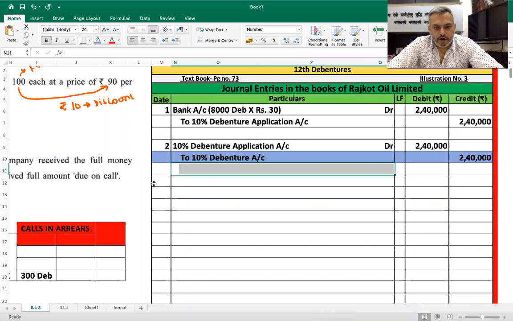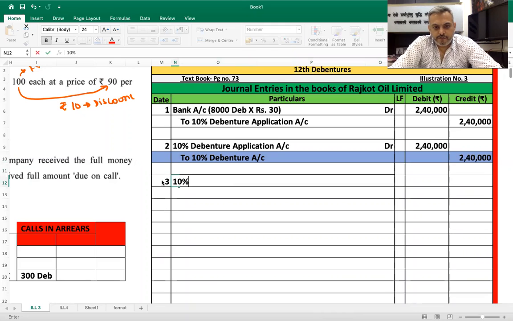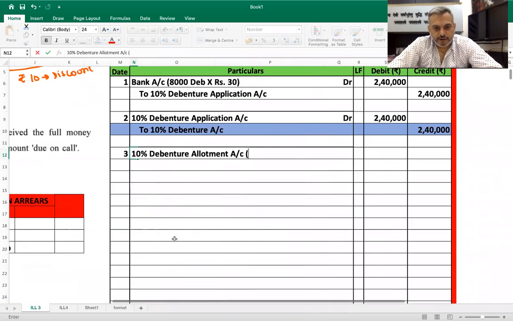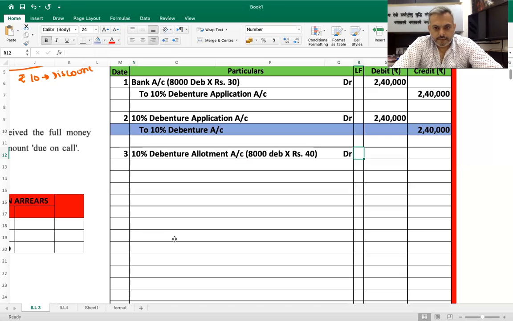Okay. Now third one, we call the allotment money. So 10% debenture allotment account. Now how much is the money what we are calling? So 50 minus 10 is 40 rupees. So 8,000 debenture into rupees 40, 3,20,000.